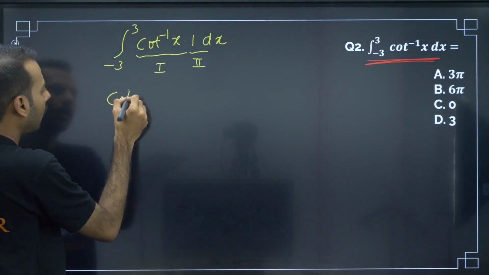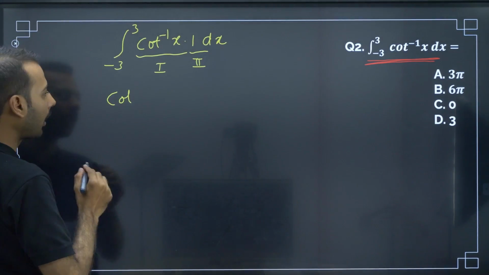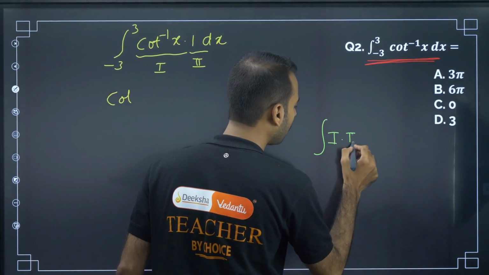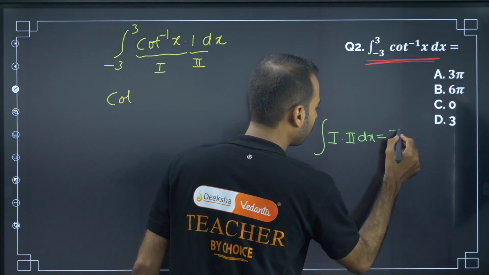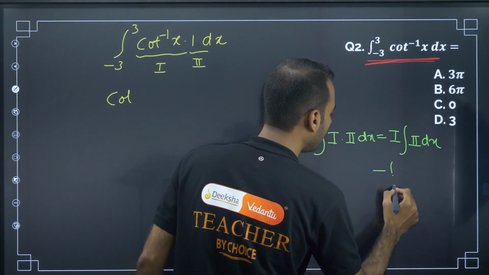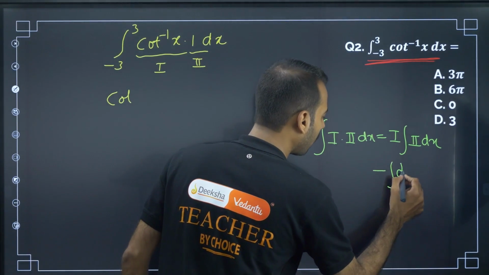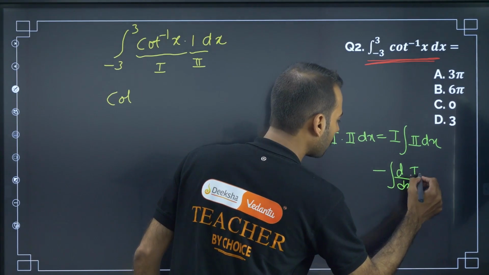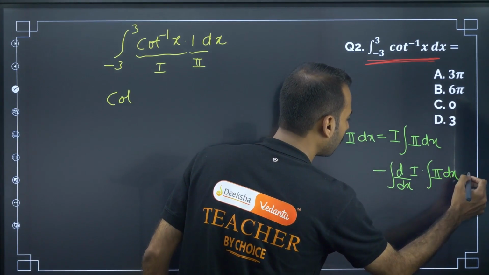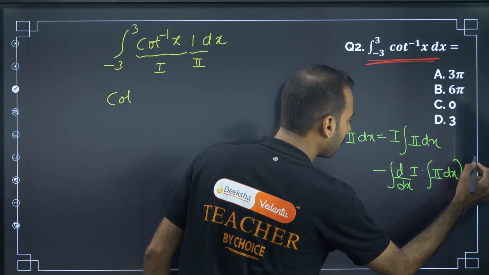Now by parts, I will assume all the students who are watching this should be knowing: first function into integration of second, easy. First function as it is, integration of second dx, minus integration of d by dx of first function into integration of second function dx, and then whole dx.